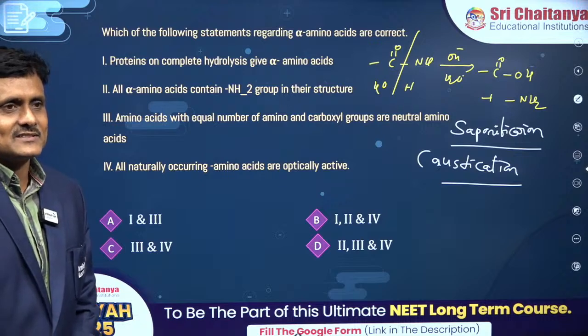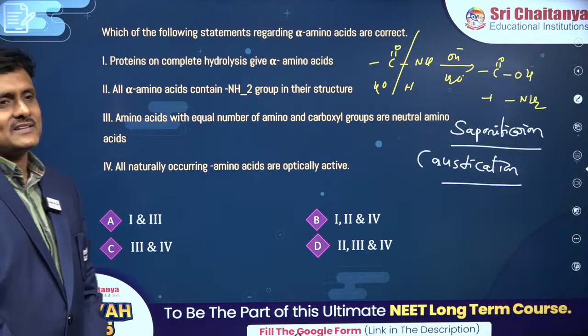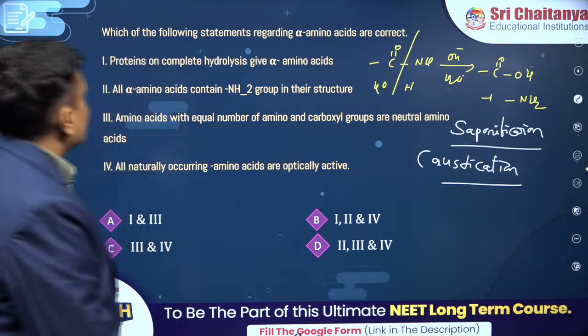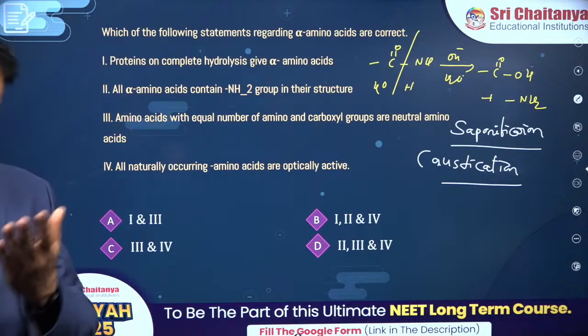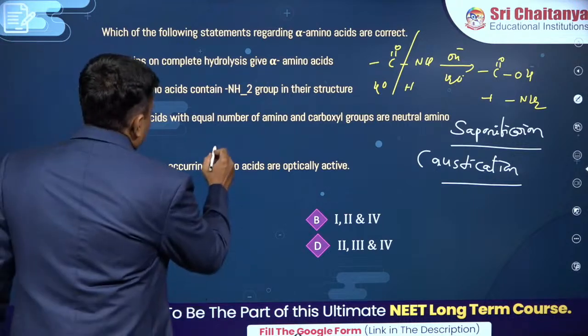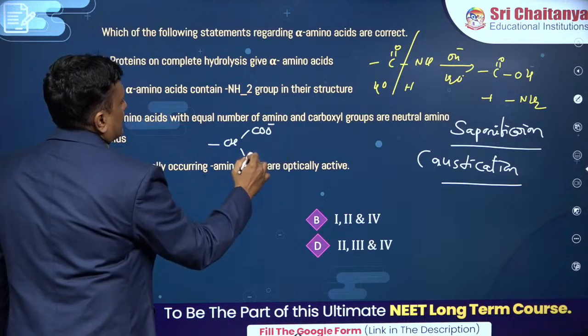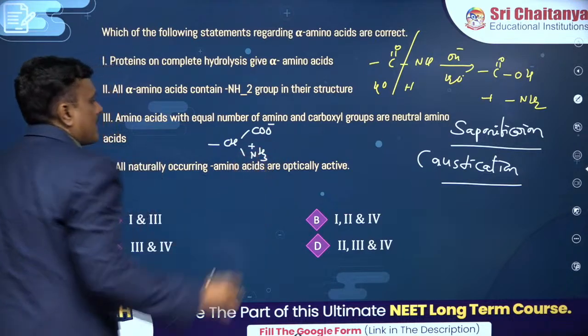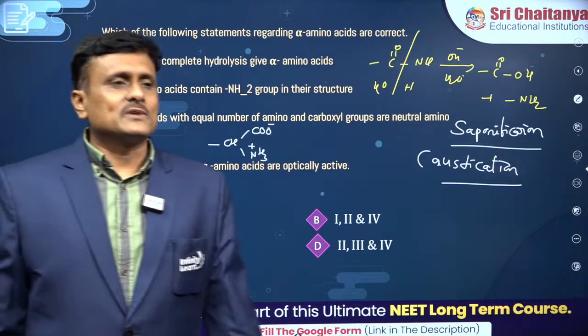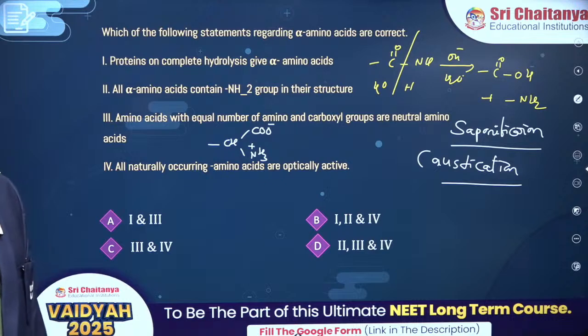Yes, glycine is an exception. Brilliant. All alpha amino acids contain NH2 group. It's a boomerang, isn't it? Many people will say, yes, sir. No, sir, this is having NH3+, right? It's a Zwitter ion, isn't it? What an answer. I need to learn from you.